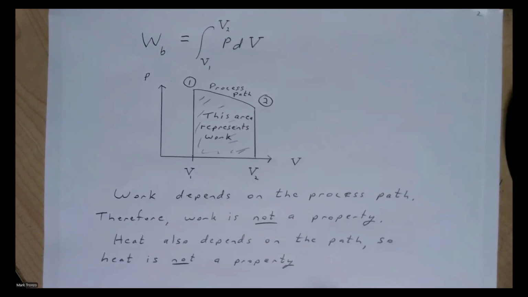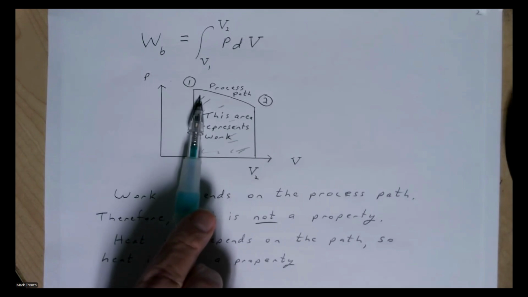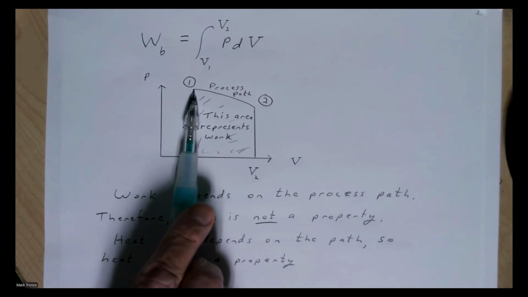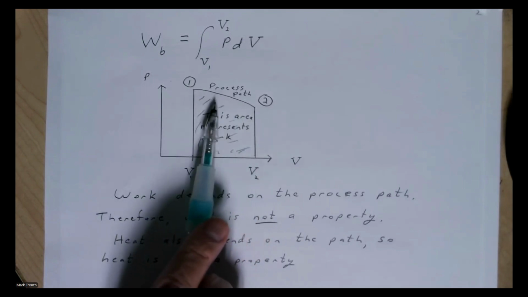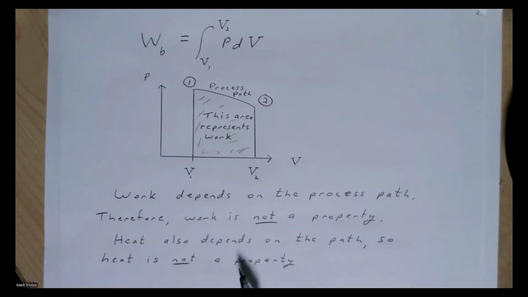Remember, if something is a property, it only depends on the two endpoints. But in the case of work, how you get from one to two makes a difference in how much work you use. Same with heat, it also depends on the path.